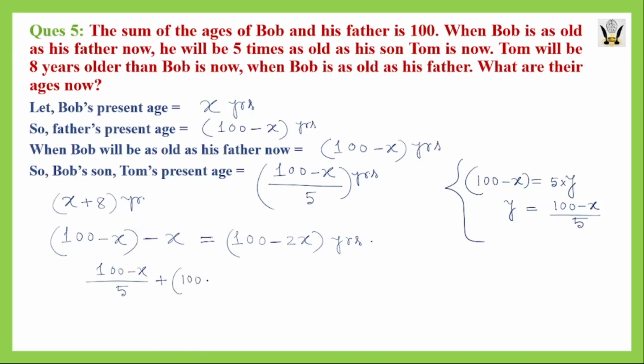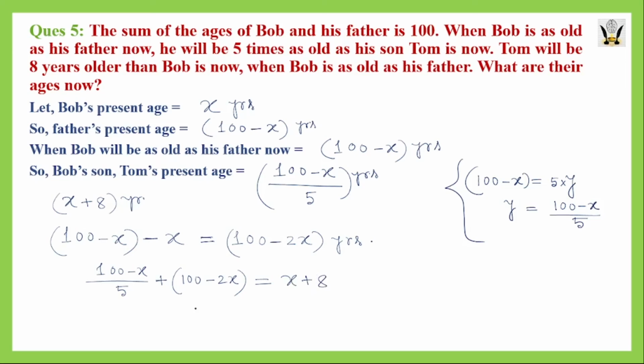So plus 100 minus 2x, so this will be Tom's age at a future point of time, and that age is 8 years older than Bob is now. So 8 years more than Bob's present age. So it will be x plus 8, and these two values will be the same. I hope you have understood.